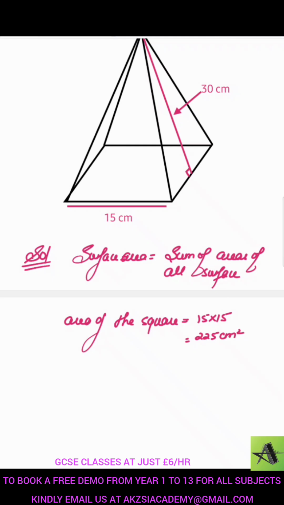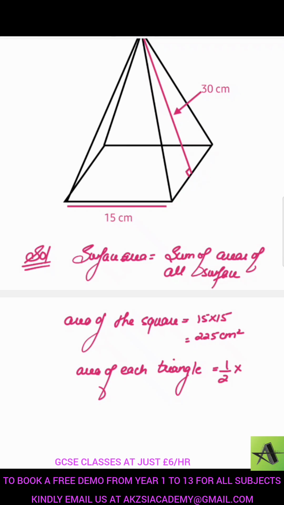Now, all the other triangles are the same. So if you can calculate one triangle, just multiply it by 4 to get the other triangles. Why? Because they have the same height and the same base. So the area of each triangle will be half times base times height. Here, the base, as we know, is 15, because it's a square, so all sides are equal.